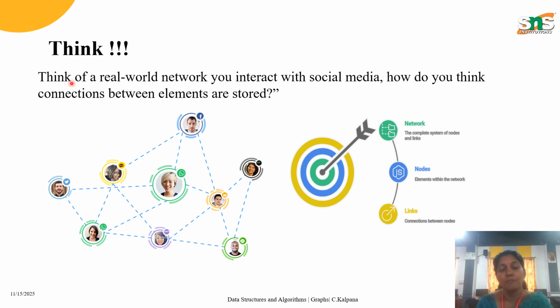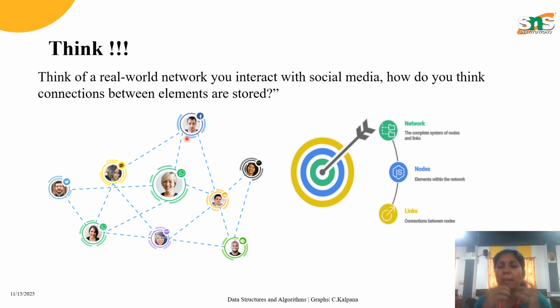So just think of any social media networking, like consider Facebook, Instagram, or LinkedIn. So just take an instance, for example, Facebook. Here, friends are connected, right? Say for example, this X is connected with Y. So there is a relationship between these two people, right?